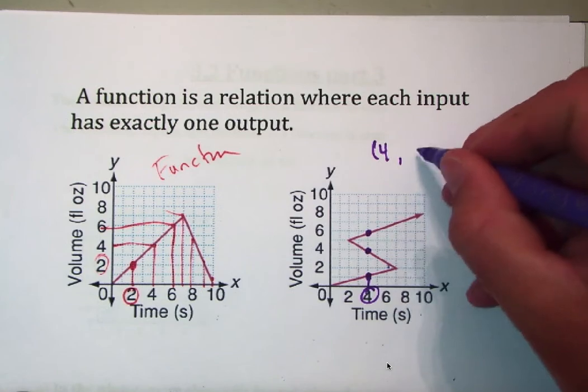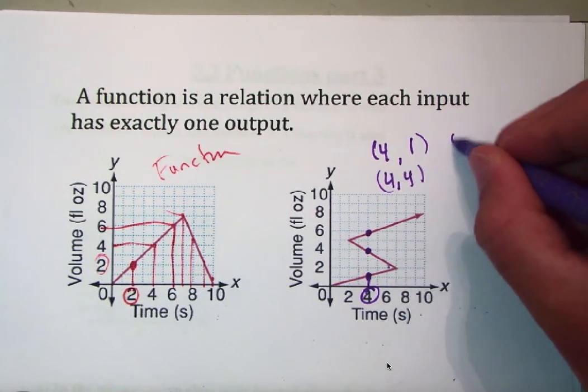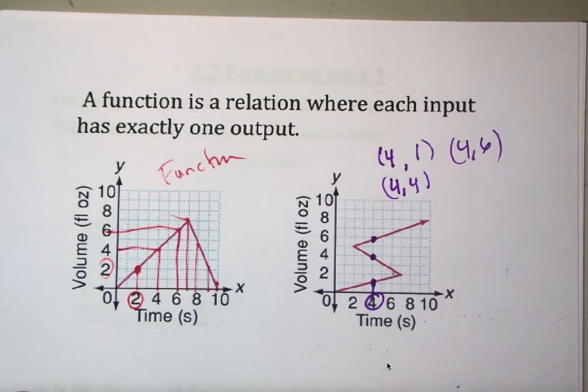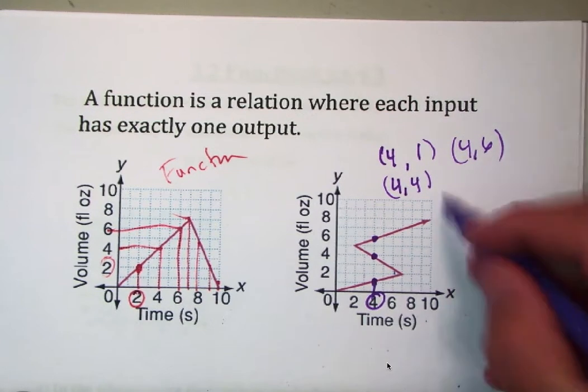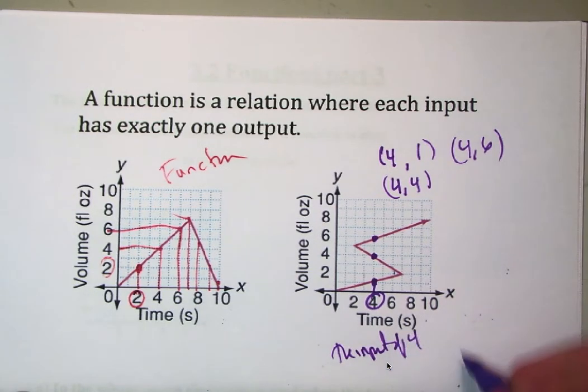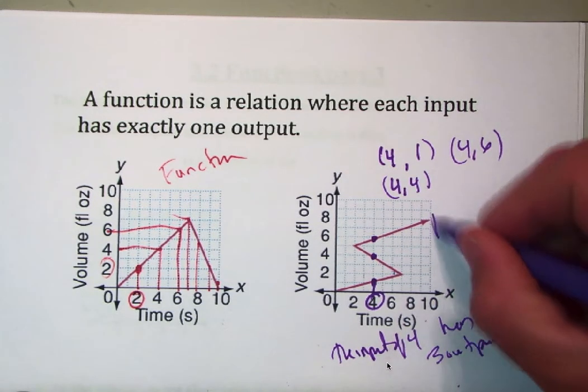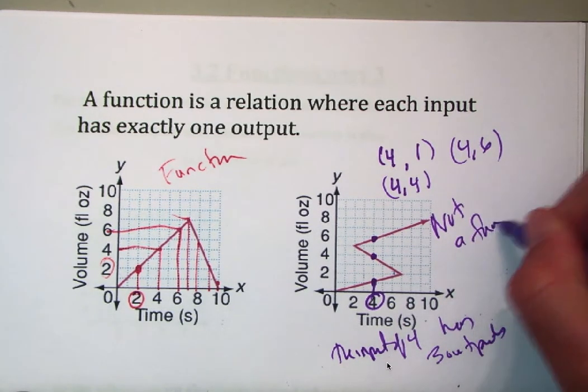So 4, 1, say, 4, 4, say, and 4, 6. And that's not a function because the input of 4 has 3 outputs. And this is not a function.